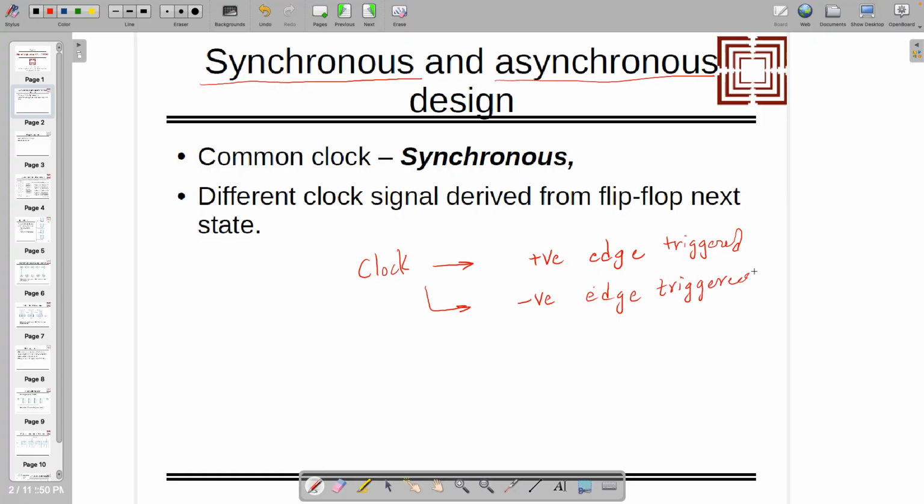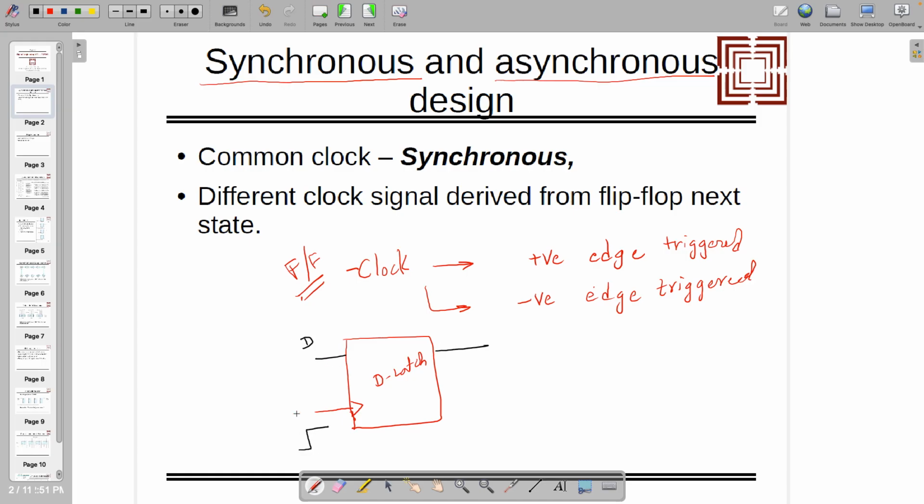What I'm saying is about flip-flops. This is only true for flip-flops. Latches are level sensitive. Either they work at the positive level or maybe the negative level. Let's assume there is a D latch, and if it is drawn like this, then it means that whenever the clock is high, the output will follow.